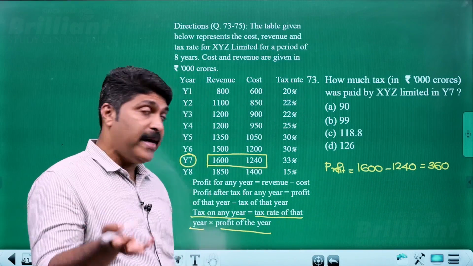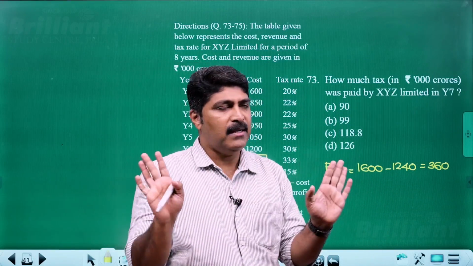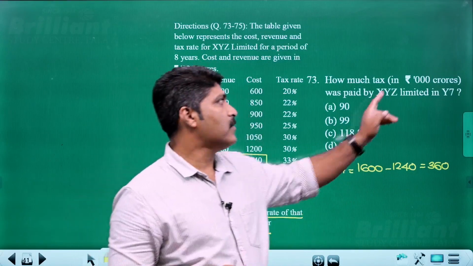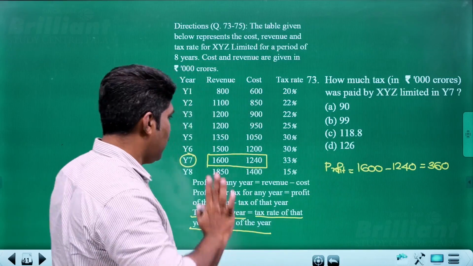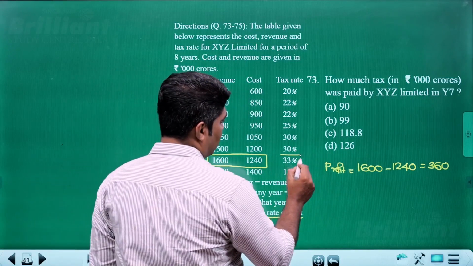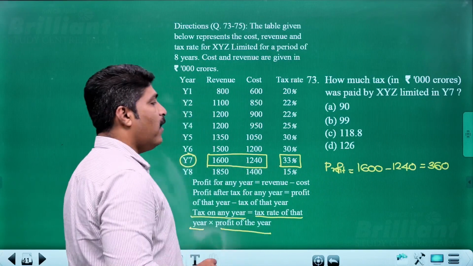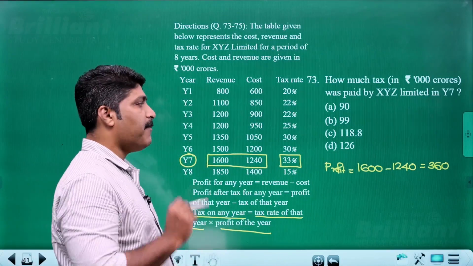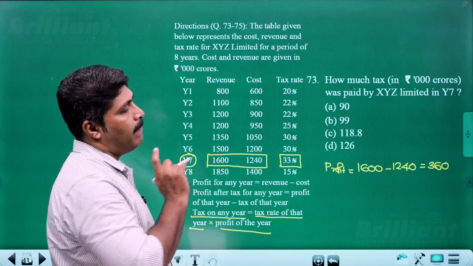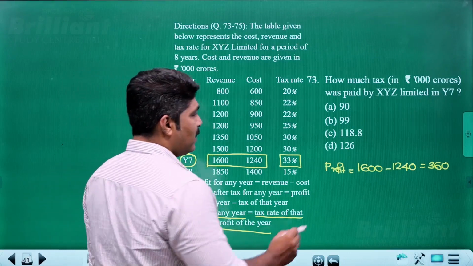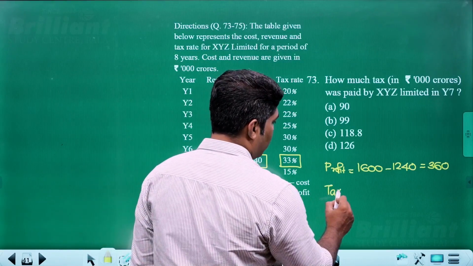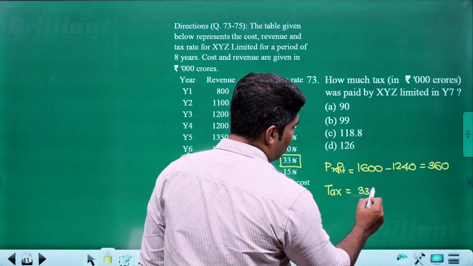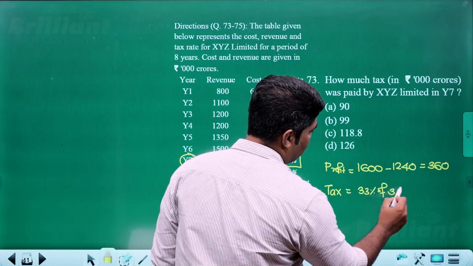Each of these values is in 1,000 crores, but don't worry right now, because the question also contains 1,000 crores. Then what's the tax here? That is 33%. I already mentioned that tax is applicable on the profit amount. Therefore, the tax amount is simply 33% of 360.